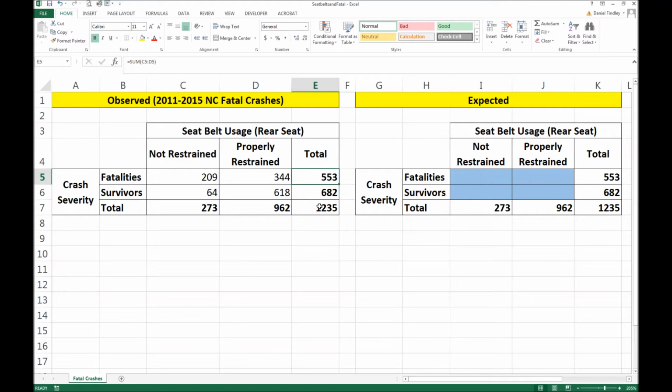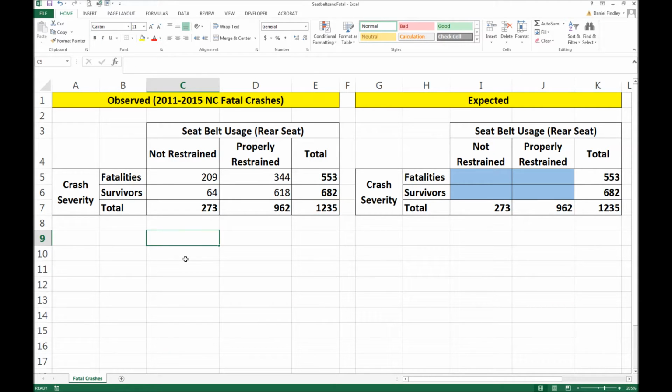Overall, there were 553 fatalities. So these are people in the rear seat of a vehicle in this 5-year period who were killed, and 682 survivors, for a total of 1,235 individuals in a fatal crash in the rear seat in this 5-year time period.